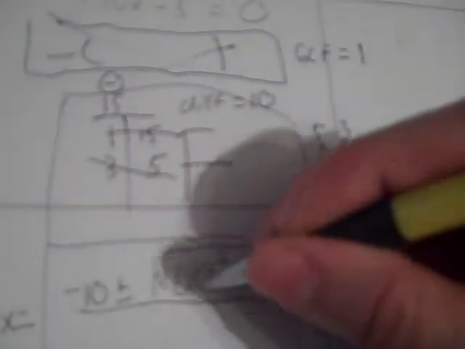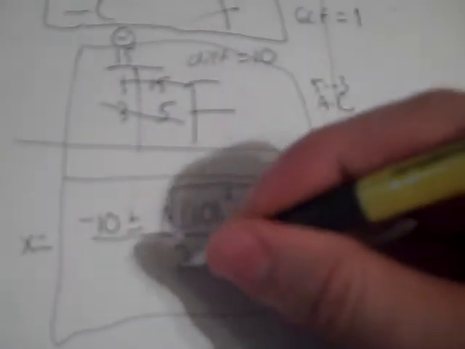So the b right there, you can't really see it that well, it's kind of tiny: 10. A is 5 and c is negative 3. In the bottom you got 2 times 5. Plus or minus, I've got negative 10, and 2 times 5 is 10, and then the square root.